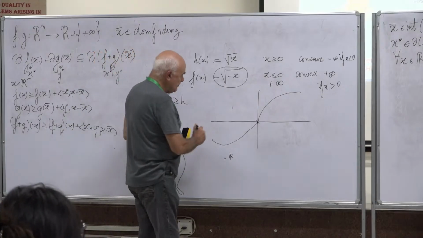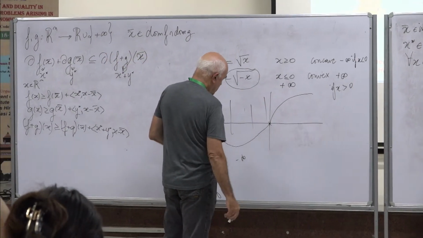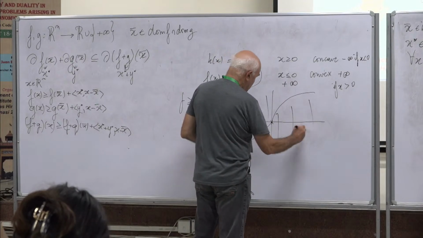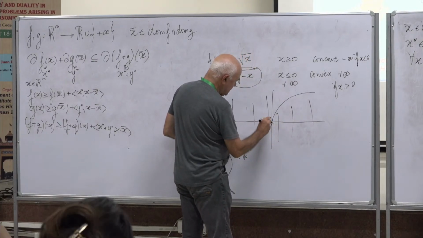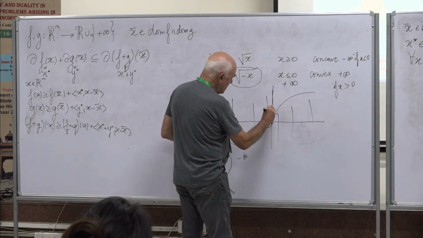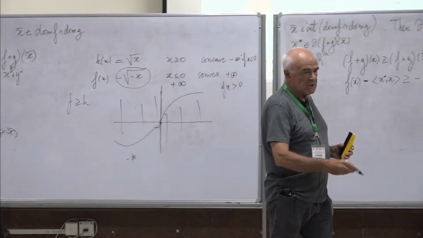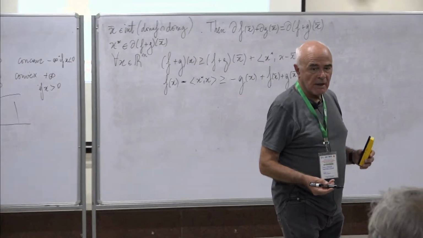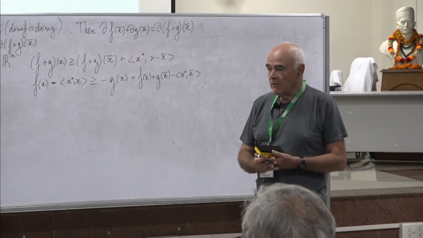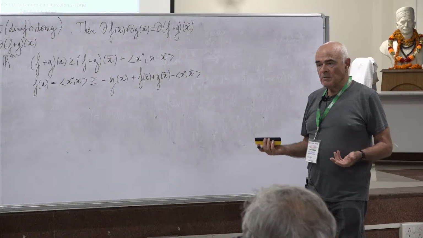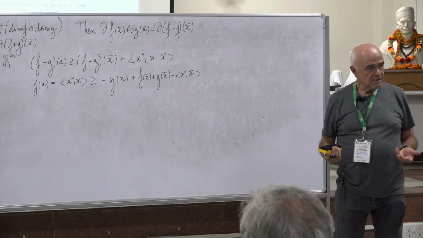Because now if you separate this epigraph from this hypograph, the slope is plus infinity in both cases, then the only separating hyperplane is vertical. So it does not define the graph of any affine function. There is no intermediate affine function in this case. Okay?